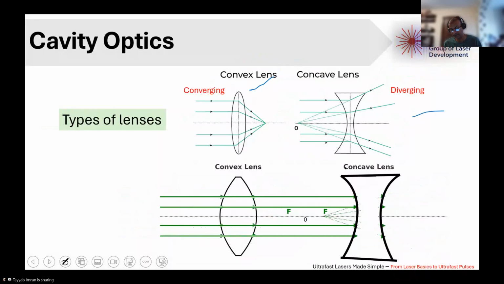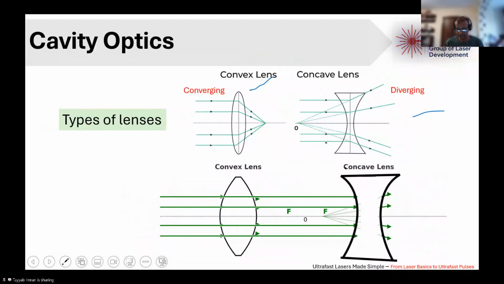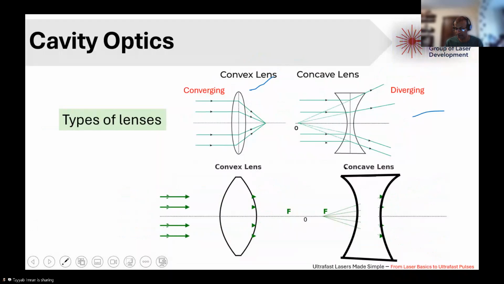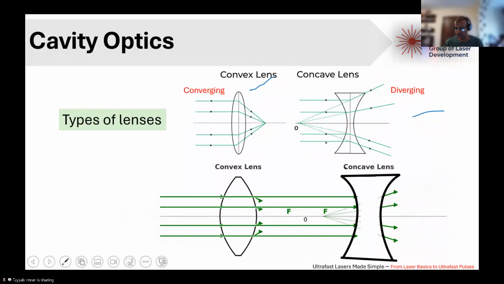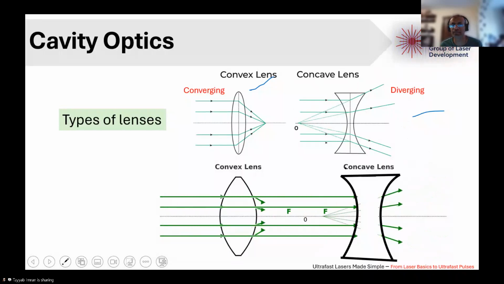So the light is coming and it's converged passing through from here and it converges here. Okay. And from here, if the light is coming, it will diverge in all the directions. But imaginary, virtually, we can see that it can be converged on the back side, okay?